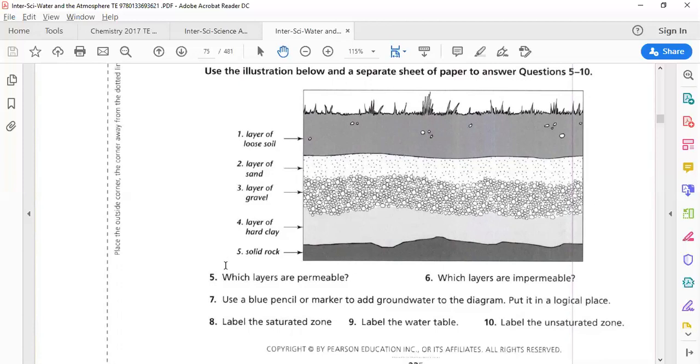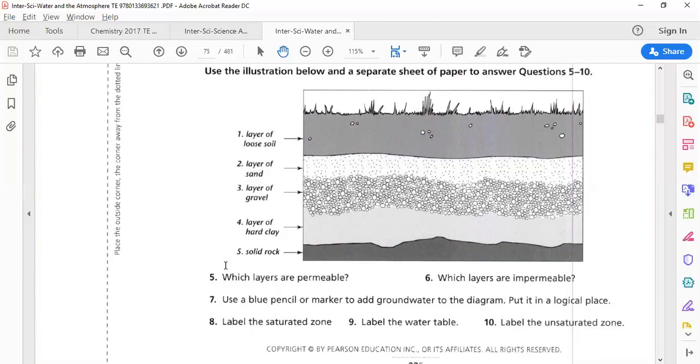So let's see the questions coming, guys. Question number 5 asks which layers are permeable. We would say that layer 1, loose soil, layer 2, sand, and layer 3, gravel, are permeable and allow water to move through them.